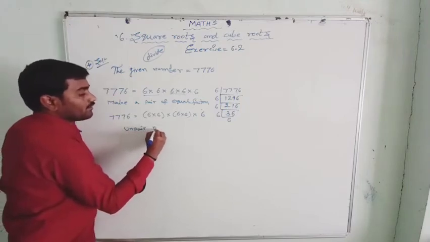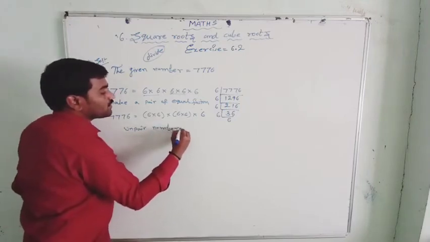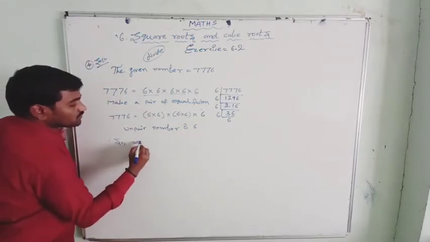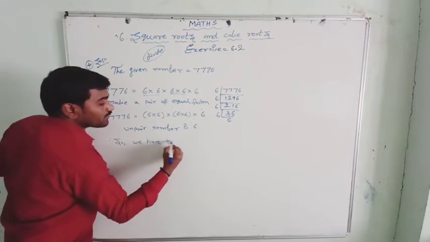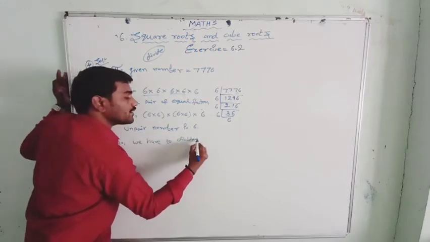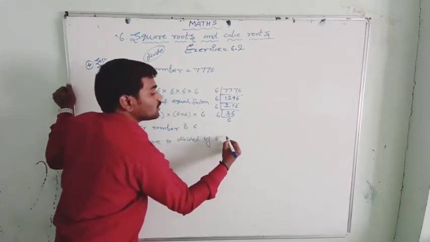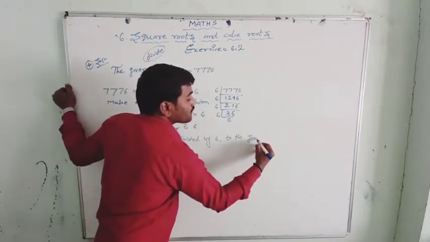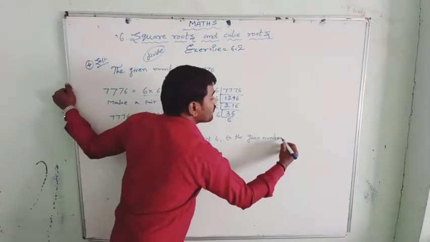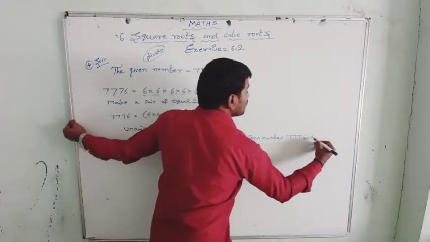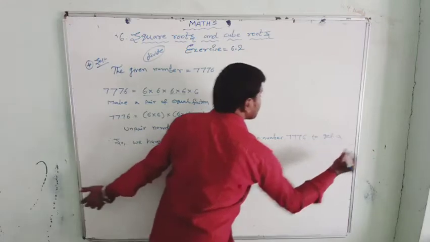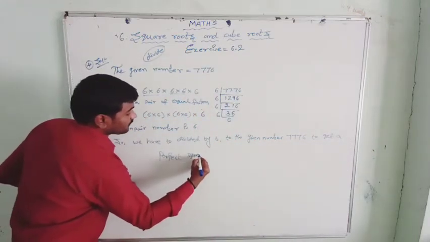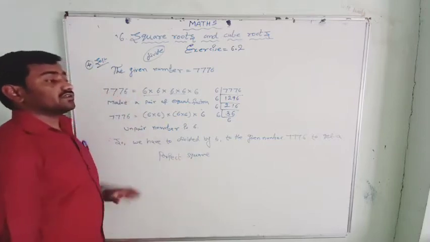So the unpaired number is 6. So we have to divide the given number 7776 by 6 to get a perfect square.